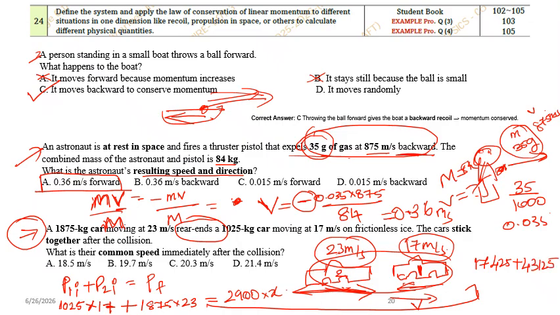Okay, plus 17425. So the initial momentum is 60550. Okay, that will be equal to 2900 into x. Okay, so what is x? x will become 60550 divided by 2900.